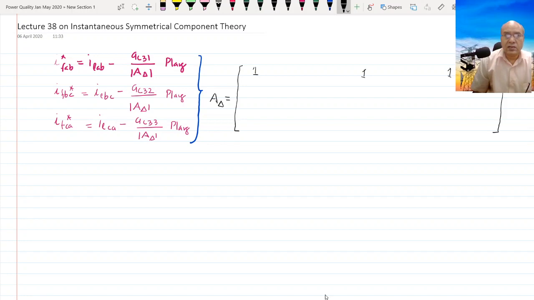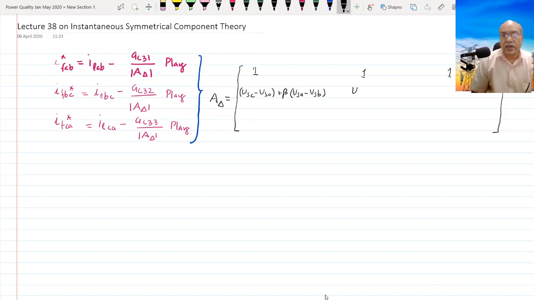The second row was: VSC minus VS0 plus beta into (VSA minus VSB). We have done this in the last class. If you go through, you can find that.